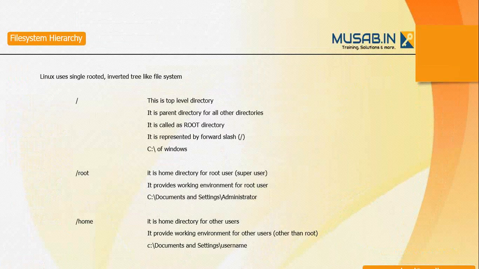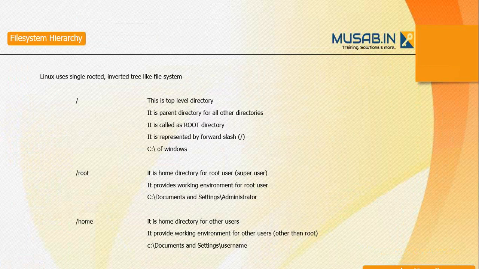But in the Unix environment, everything is stored in a directory. So there are some important directories, or you can call them important locations. You can understand it as a partition, but every time it may not be a partition. Mostly it is just a directory to store different information.